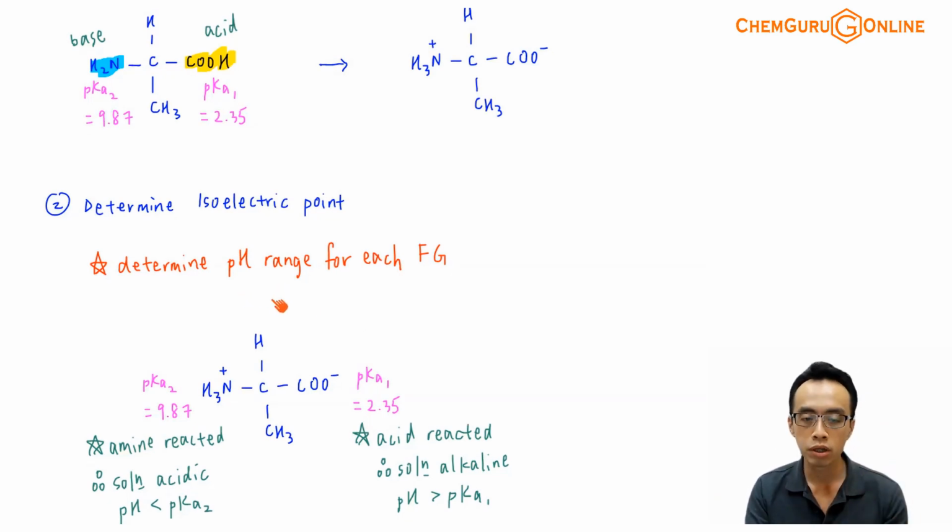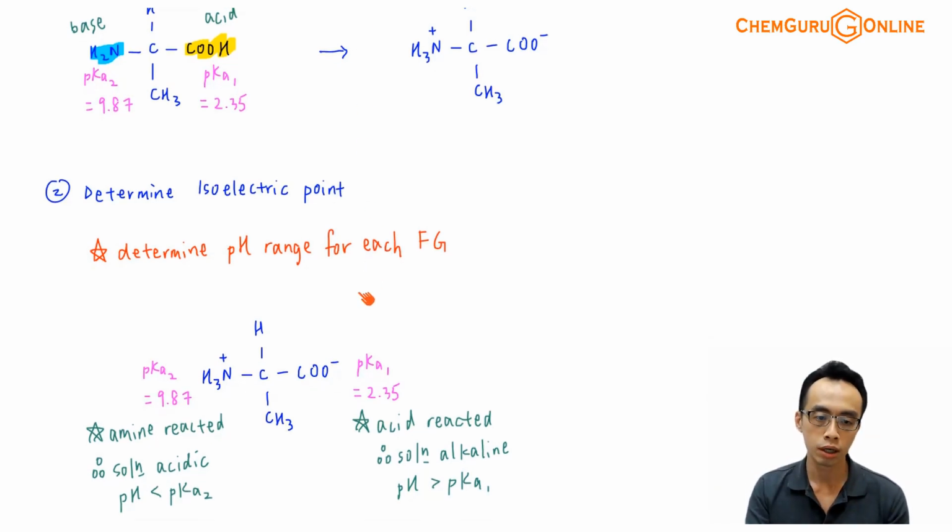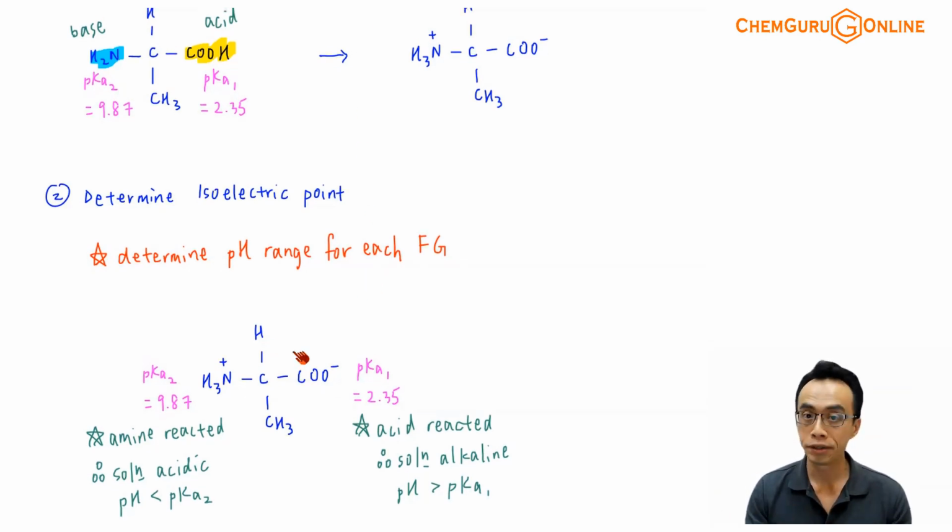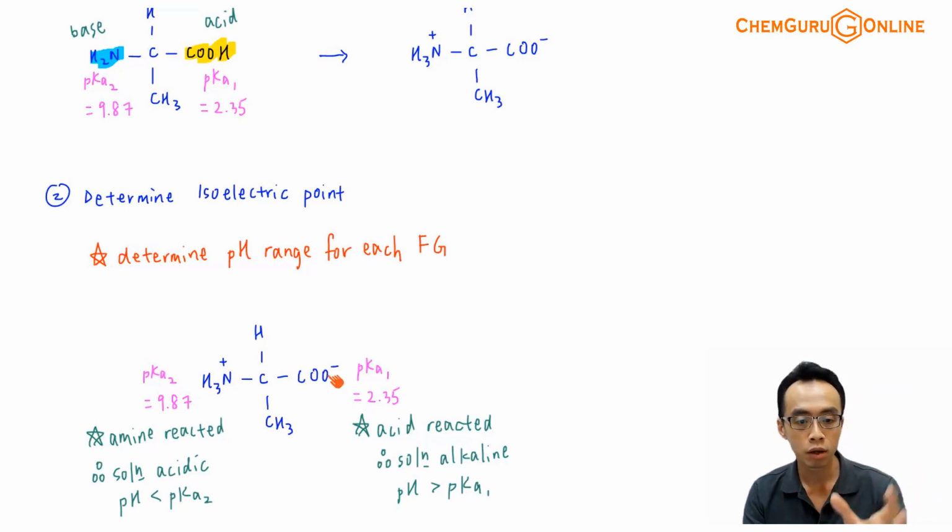We want to determine the pH range for each of my functional groups. What we want to determine is, if my amino acid exists in this form, what must the pH range be with respect to each of these functional groups? So let's consider this part by part. If I look at my alpha acid group, it has reacted to form COO-.